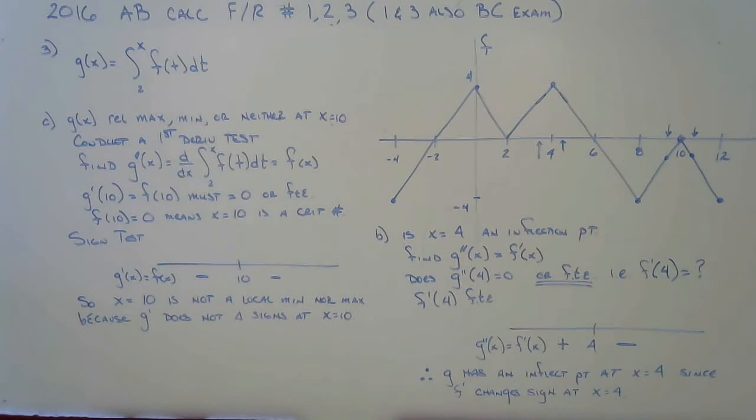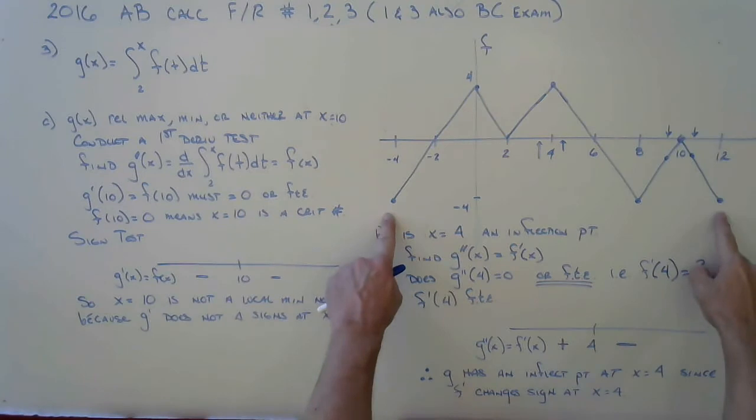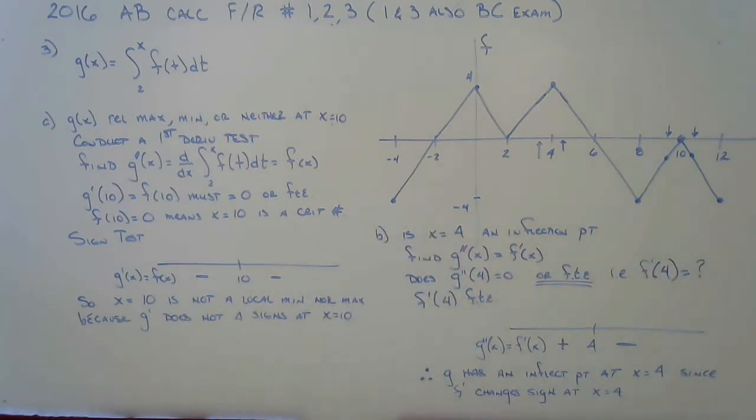To find an absolute min and an absolute max, we use the closed interval method from chapter 4. And the closed interval method said, you've got to test the endpoints and test all critical numbers. And whichever of those is the biggest y value, that's going to be your absolute max. Whichever of those is the smallest y value, that's going to be your absolute min.